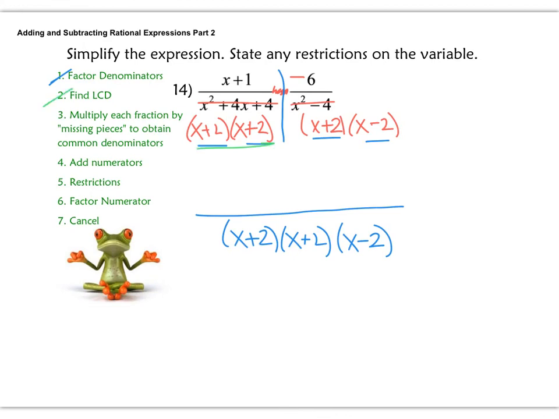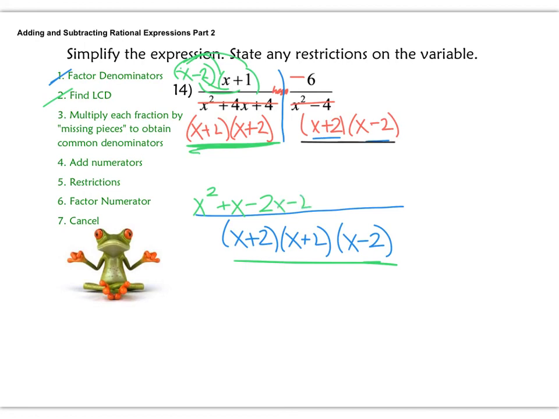Step 3, what is this missing to look like this? Well, it's missing the x minus 2. So we need to multiply the top by the x minus 2, distributing, of course. So we're going to get x squared plus x minus 2x minus 2.